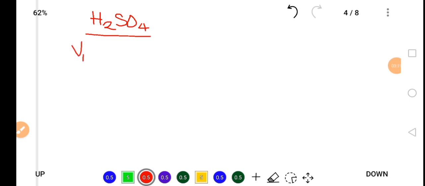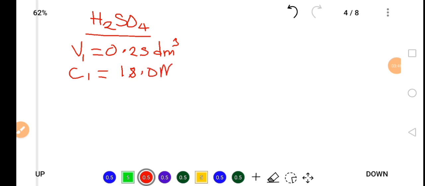Volume 1 of sulfuric acid is 0.25 decimeter cubic. And the concentration 1 of this acid is 18.0 molar.